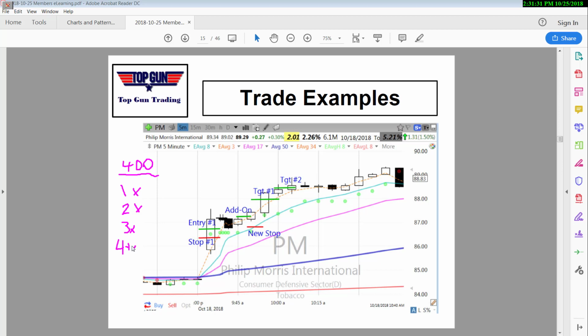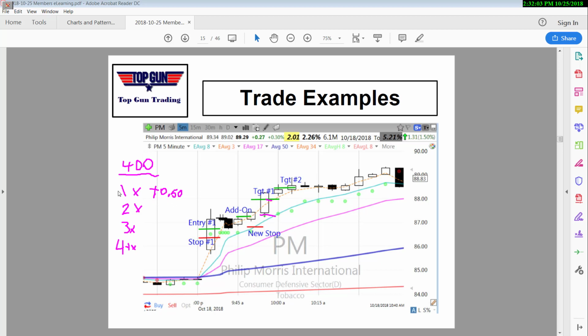Now, what I'm trying to say here is that if I'm risking 50 cents and I entered at 86.50, when I get to plus 50, I'm 1 times my risk. And more than likely, I'm going to raise my stop to break even when I hit that target up here. My stop is probably right here at break even plus.